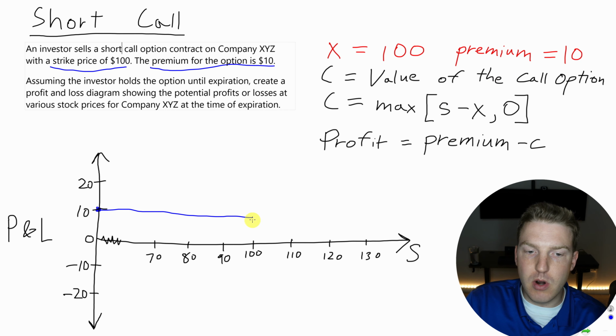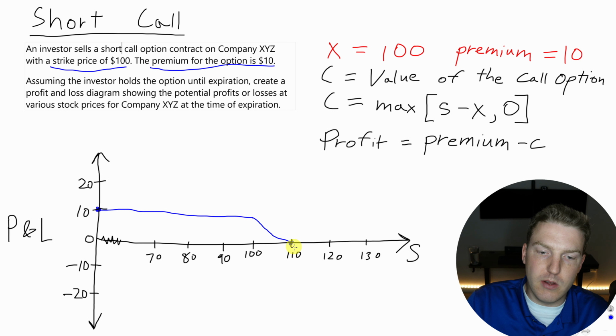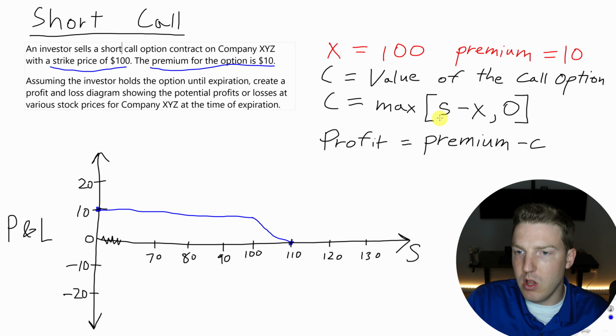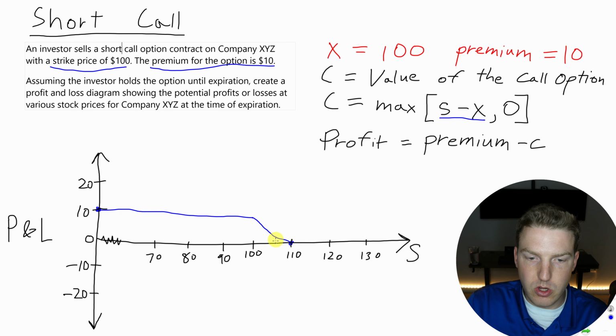However, once the price of that stock starts going past 100, I've got the same break-even point as the other person. Because if the underlying price of the stock is 110, then the value of this call option is 110 minus 100, so $10. And then my profit is equal to 10 minus 10, which is $0. So it's the same break-even price.